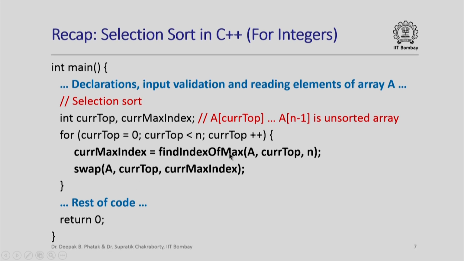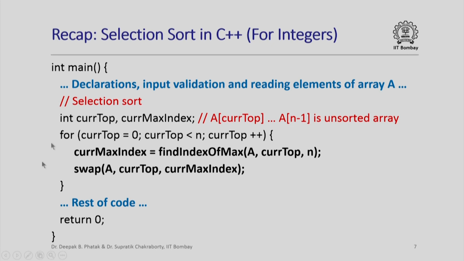Why was it maximum? Because we wanted to sort the array in decreasing order. So, we wanted to find the index of the maximum element in the part of array A between indices current top and n minus 1, and we found that index and just swapped the elements of array A at current top and current max index, and we just kept iterating through this. When current top finally becomes n, we know that the array A is sorted.